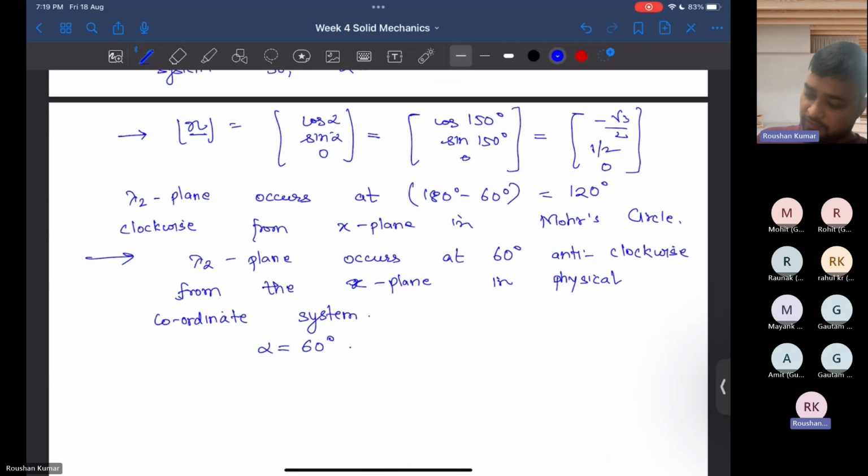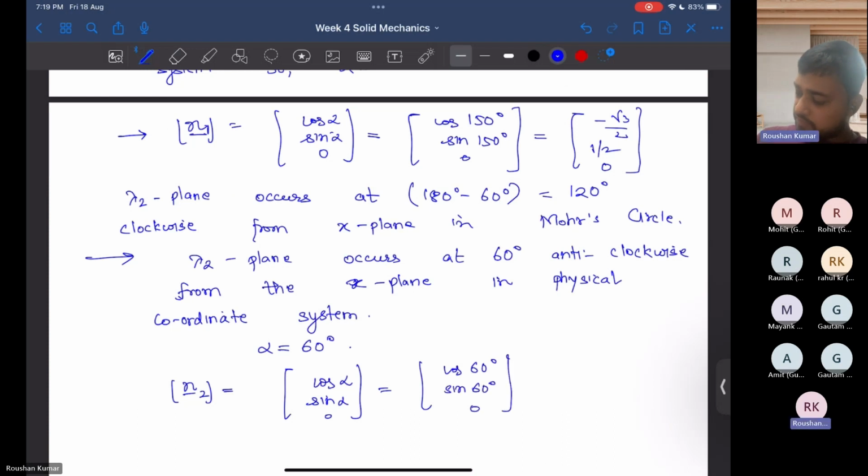So the plane normal, which is here n2, is given by cos alpha, sin alpha, 0, then cos 60, sin 60, 0. Cos 60 is 1 by 2, sin 60 is root 3 by 2, and 0. So this is the component of the lambda 2 plane.